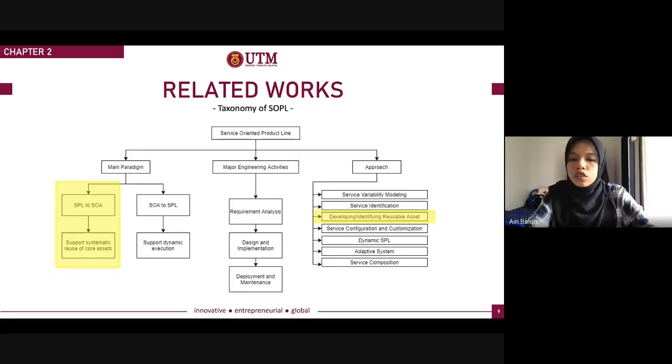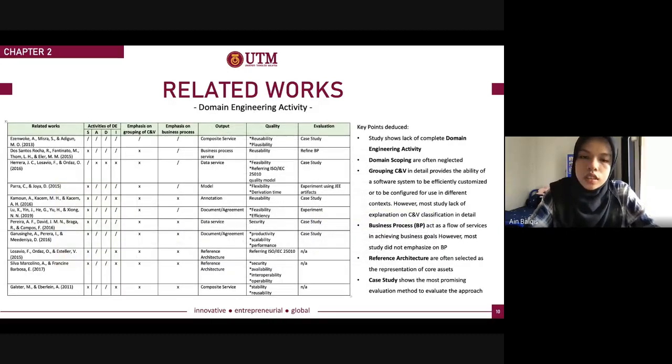For the purpose of this research, we will focus on the systematic reuse for developing and identifying reusable assets. Next, this table shows the results of study for domain engineering activity. As we can see, studies show a lack of complete domain engineering activity, and domain scoping is often neglected.